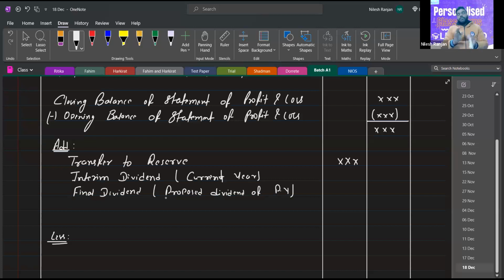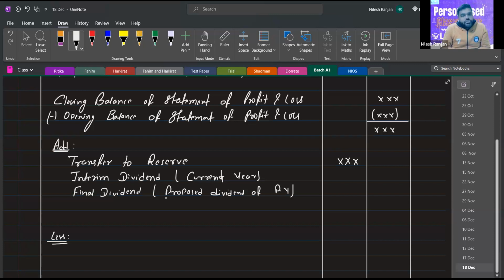Understand the process of dividend. When we calculate our profit in the current year, we propose that we will pay this much dividend, and it is approved by the shareholders in July, August, September, like this. After that, it is paid. So the dividend of the previous year, the year ending in March, will be paid in the next year in September or October.